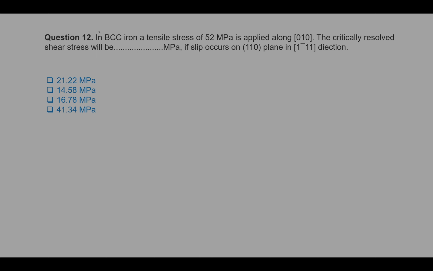And question number 12: in BCC iron, a tensile stress of 52 megapascal is applied along 010. The critically resolved shear stress, what is that? We have to find out, if slip occurs on the 110 plane in the 1 bar 1 direction.